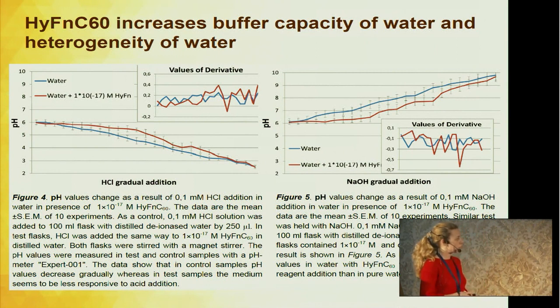We gradually added acid into this water, and we see that in controls, the blue lines, the pH starts to drop gradually, while in the presence of hydrated fullerene, the water at first resists these manipulations and doesn't respond quickly to acid addition, but finally they meet in the end.